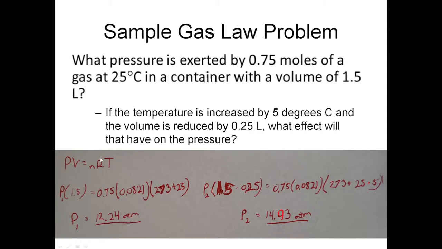You could get that answer of 1 if, say, P and V were both equal to 1. 1 times 1 equals 1. But you'd get the same answer if V was 2 and P was 1/2. 1/2 times 2 would also equal 1. So, if N, R, and T are constant and you decrease volume, pressure would increase to keep up with it.